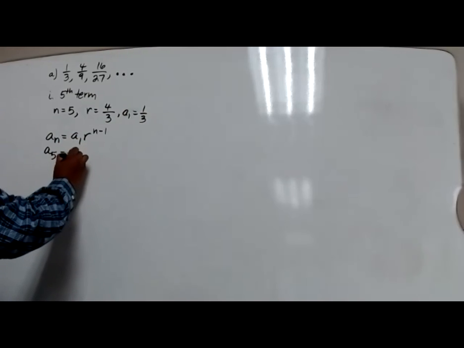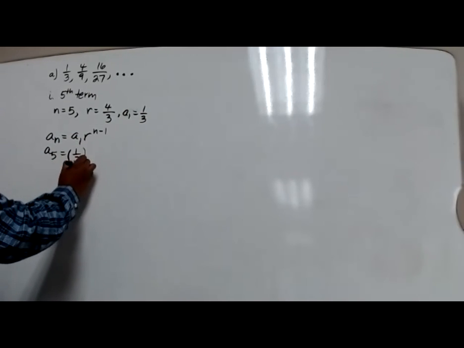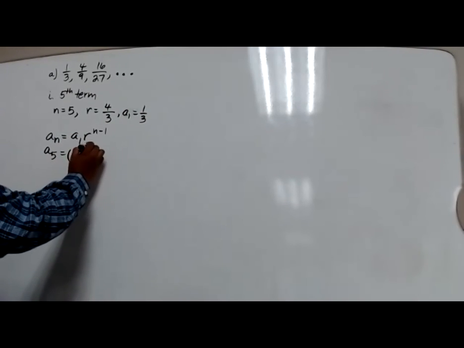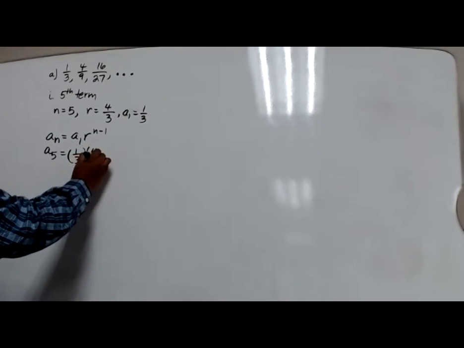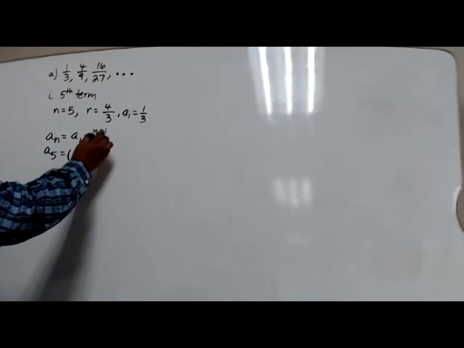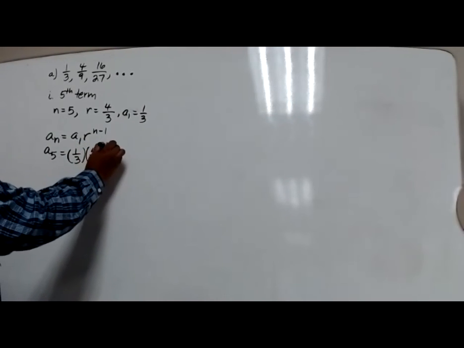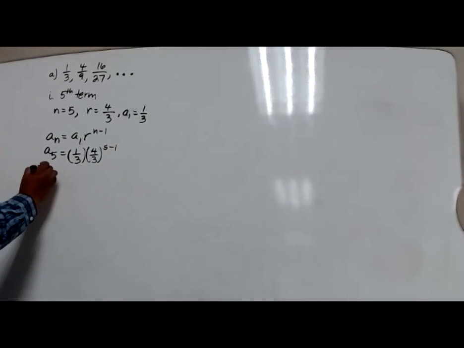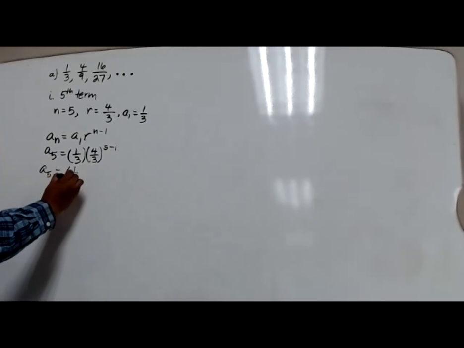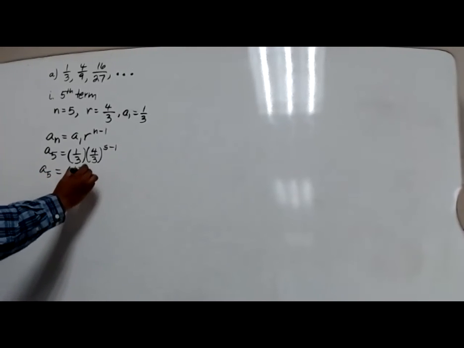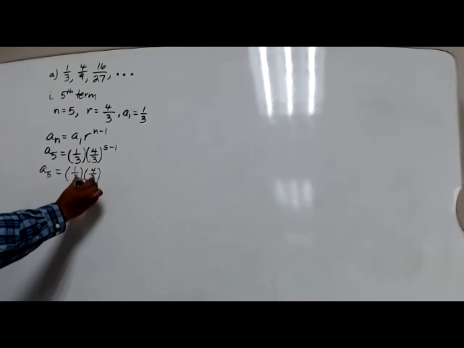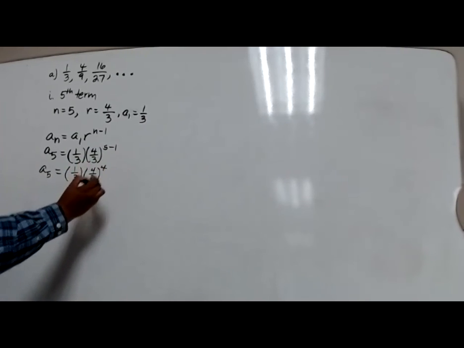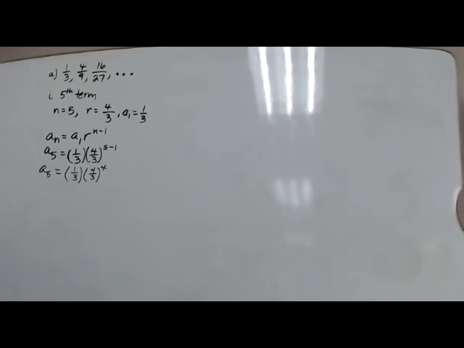So a sub 1 is 1/3 times the r, which is 4/3, raised to the n minus 1. N is 5, so 5 minus 1 is 4 for that exponent.